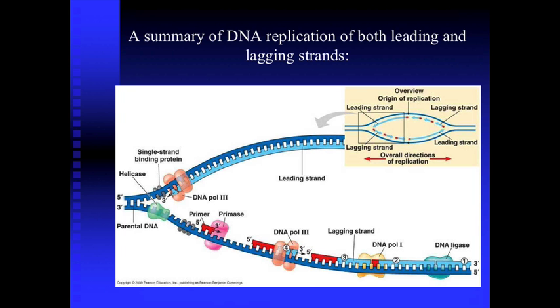We've got helicase unwrapping. We've got our single-stranded binding protein stabilizing. DNA polymerase 3 started up here at the origin and has been laying down new material, reading 3 to 5, adding 5 to 3, extending our leading strand.